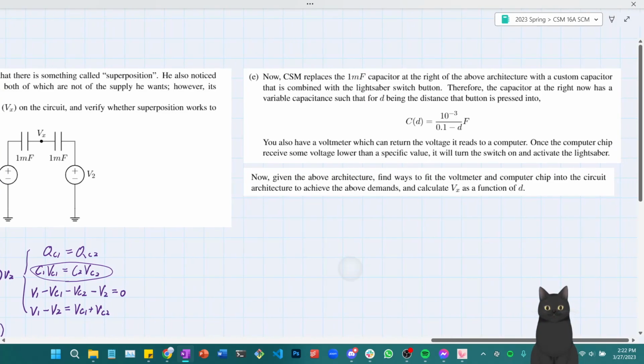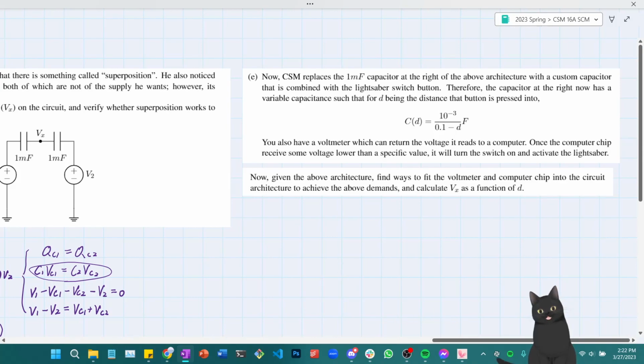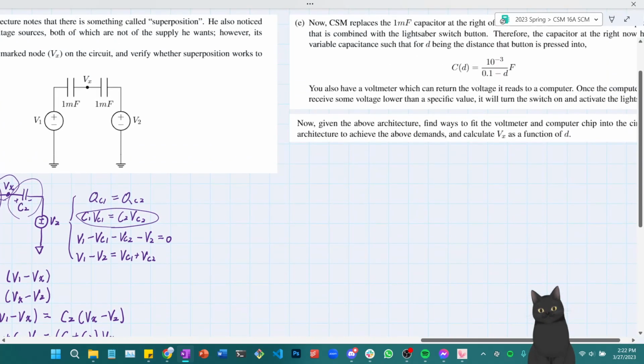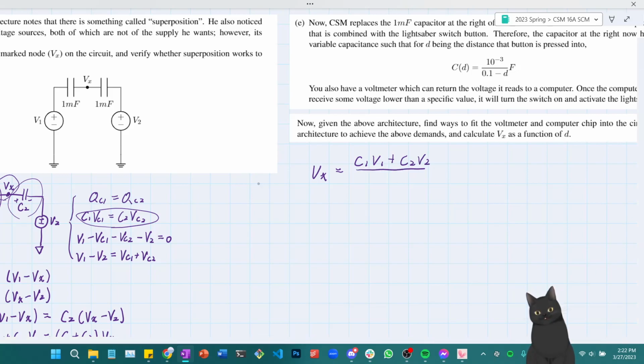So what I can do is first look at the right circuit again, and once again review that Vx is equal to (C1 V1 plus C2 V2) over (C1 plus C2).